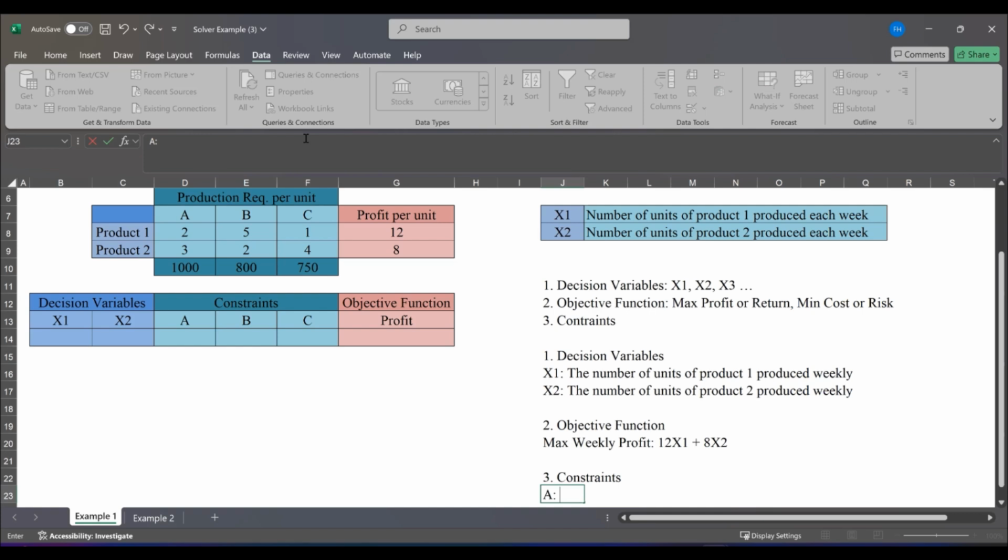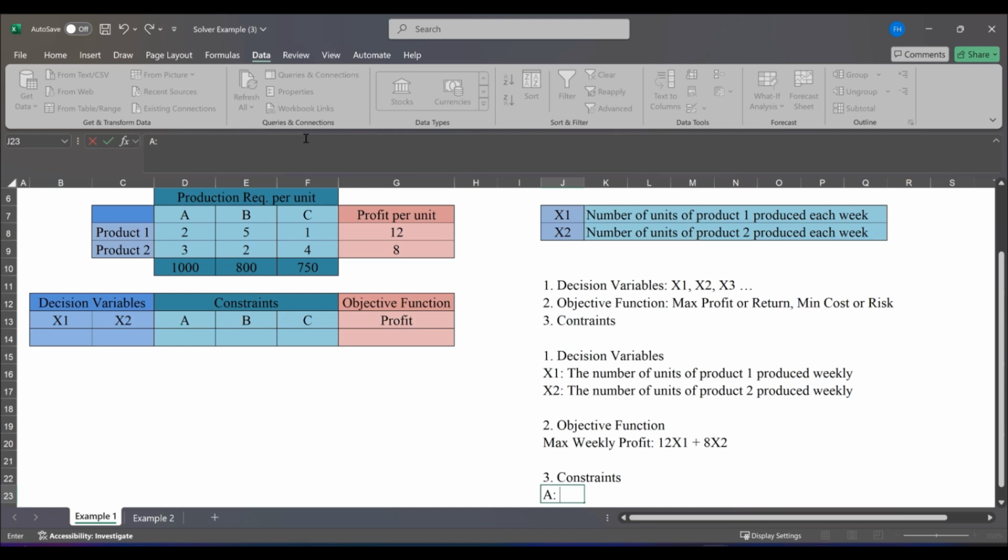Now, how many units of A am I going to need? It follows the same reasoning that I had with the objective function. For each unit of product one, I need 2 units of A. So if I'm producing X1 units of product one, I'm going to need 2 times X1. The same for product two.